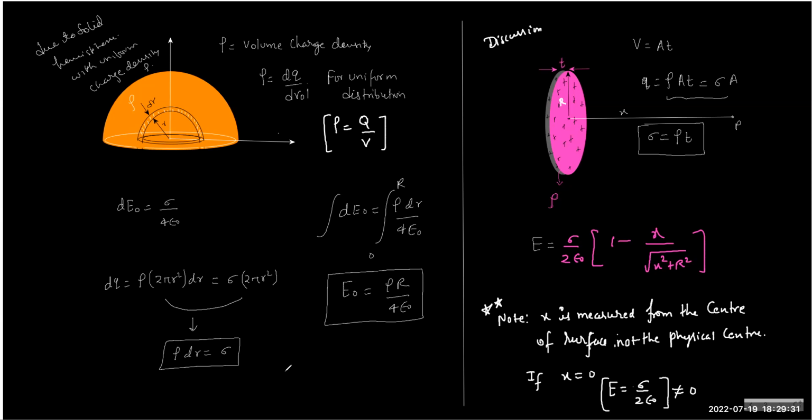Now if you put x equal to 0, you get an answer because you're trying to find the electric field just outside the surface. So what is the meaning of x equal to 0? Finding the field just outside the surface. And what is the answer? Sigma upon 2 epsilon naught. This answer is true for any surface with given sigma. Every surface will create a field of sigma by 2 epsilon naught. Okay, I hope this is clear.